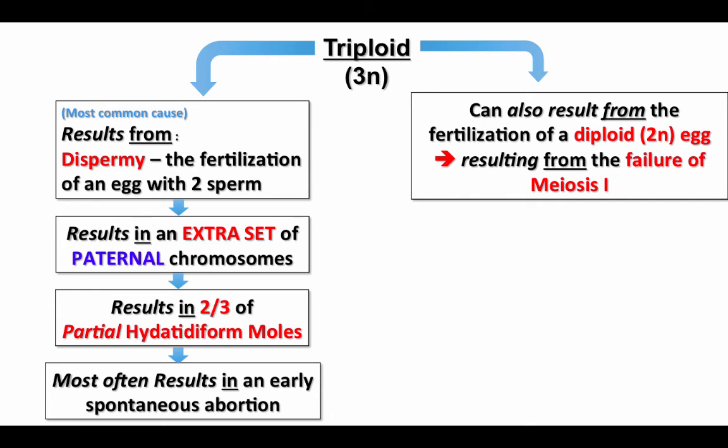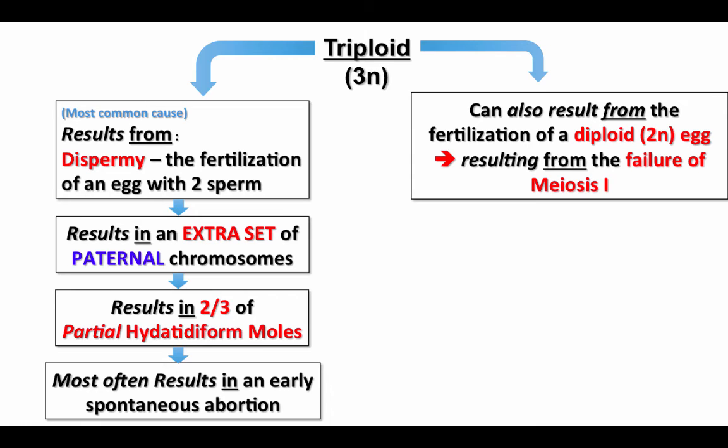Okay, so the triploid state can also occur from the fertilization of a diploid or 2n egg. And you get these abnormal eggs when you have a failure of meiosis 1.